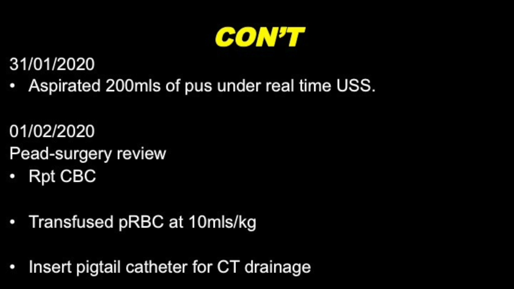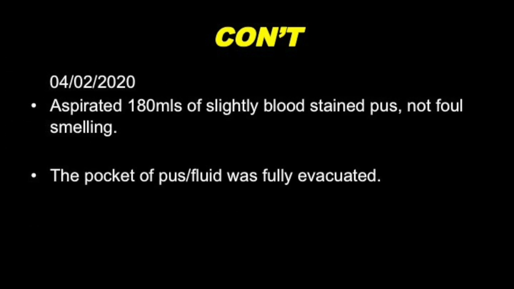So we transfused packed red blood cells at 10 mils per kg. They still requested that we insert a pigtail catheter. Then on the 4th, we drained again 180 mils, but this time it was less pus and more blood. And there were also some pockets of pus and fluid that were evacuated.